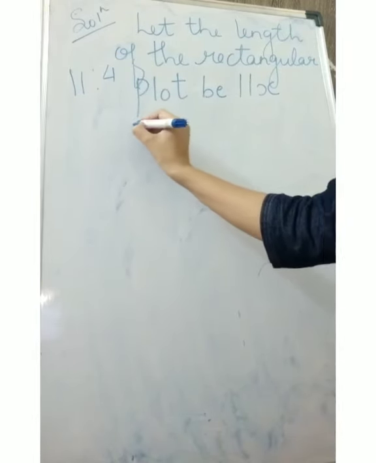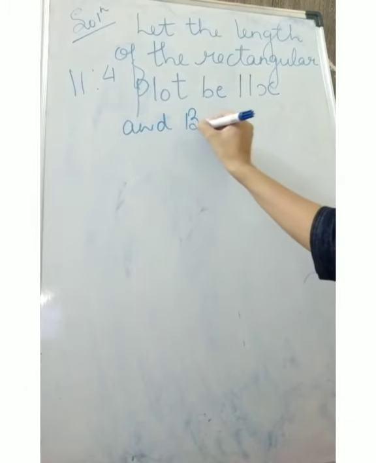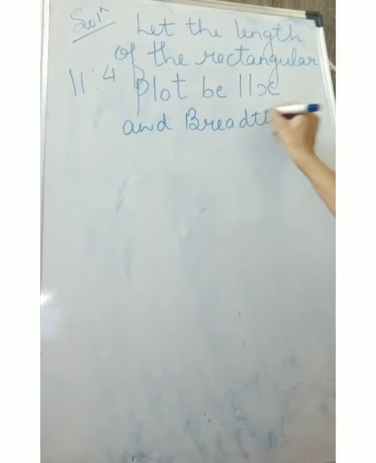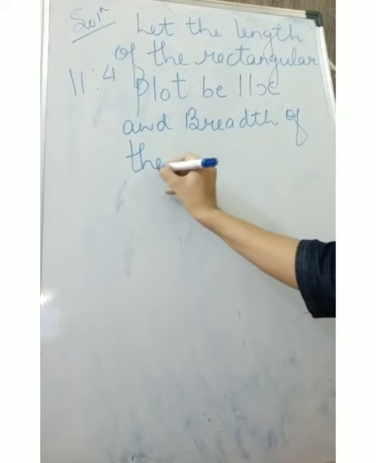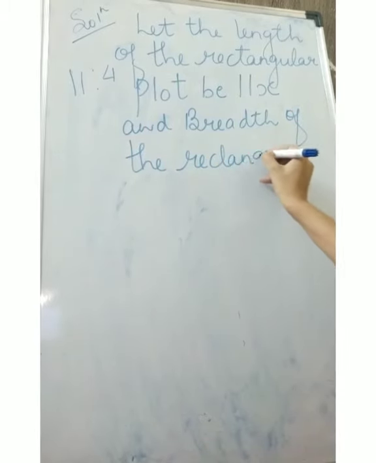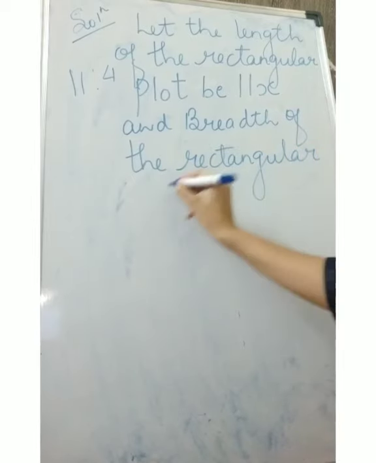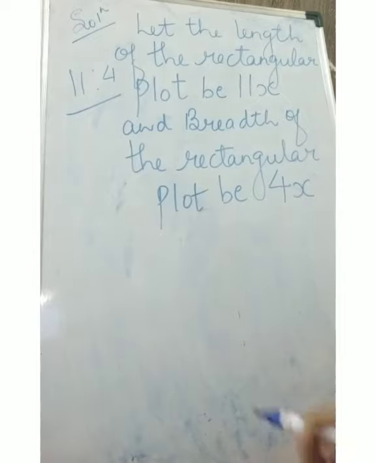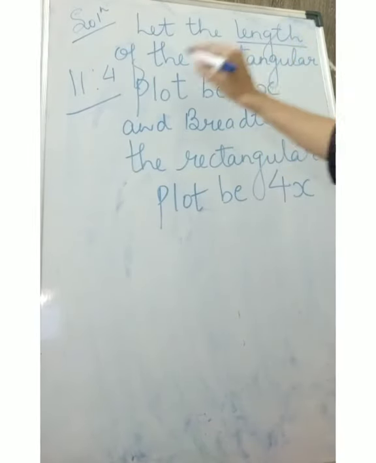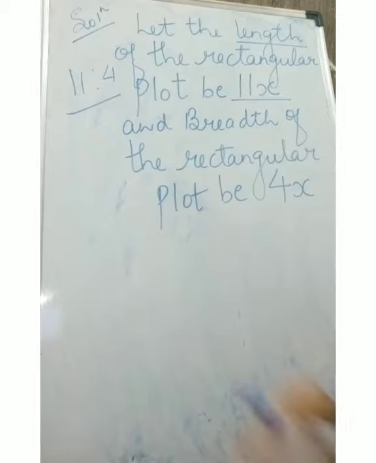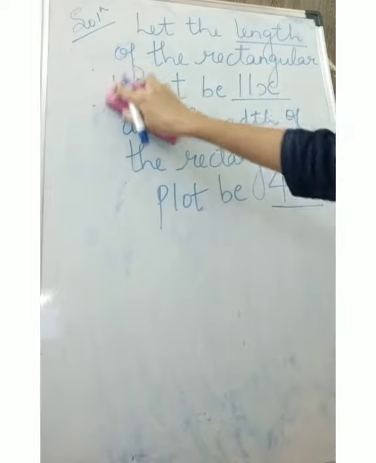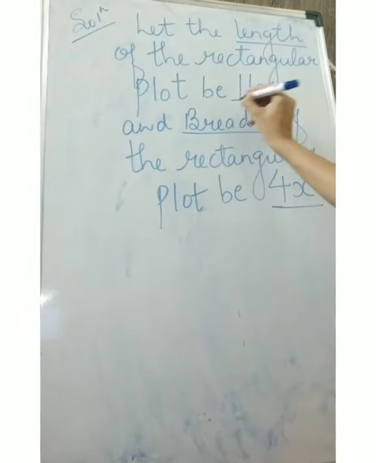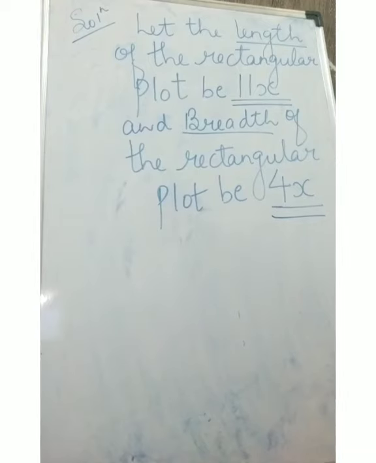Then we will write the breadth also, let the breadth of the rectangular plot be 4x because it is given in the ratio of 11:4. So we have written the length of the rectangular plot be 11x and breadth of the rectangular plot be 4x because it is given in the ratio of 11:4. That is, length be 11x and breadth be 4x.